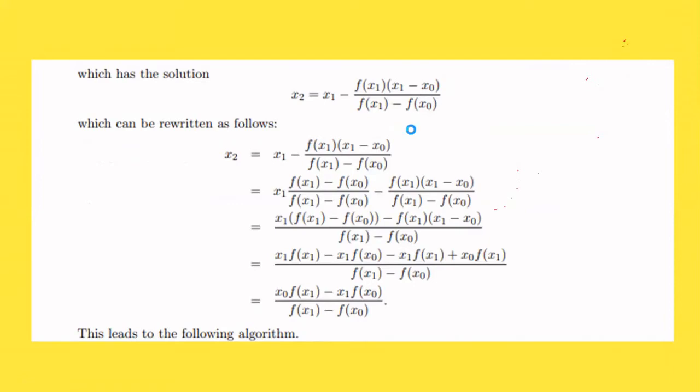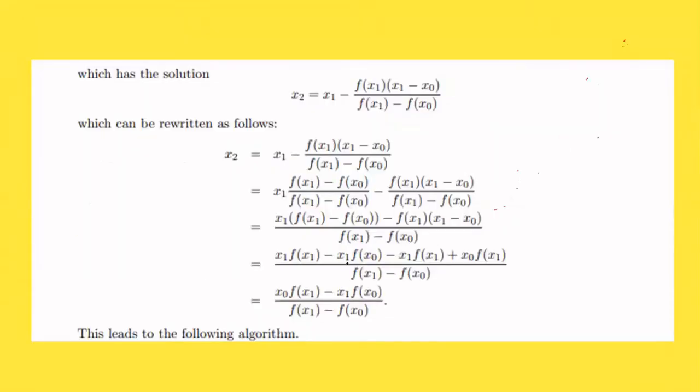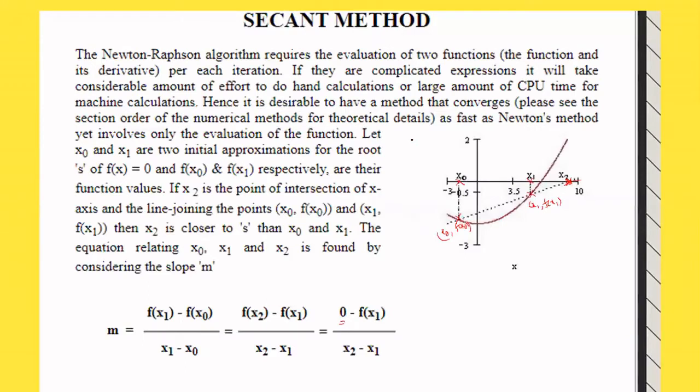Considering that slope, m is equal to 0 minus f(x1) by (x2 minus x1). By taking that slope and finding the equation of that line, what we are getting is x2 is equal to x1 minus f(x1) into (x1 minus x0) by (f(x1) minus f(x0)).